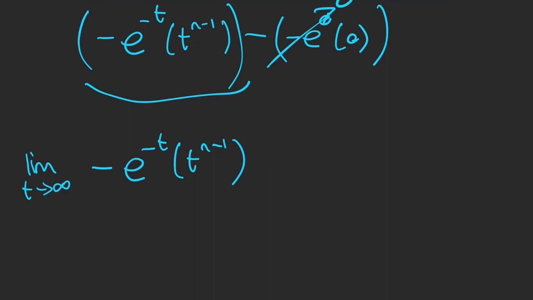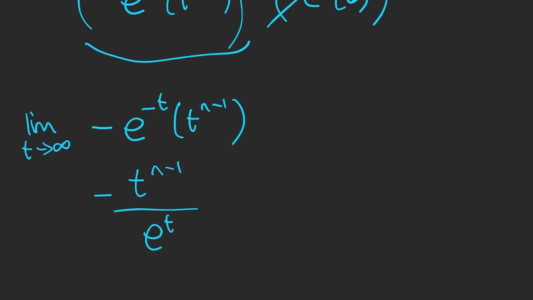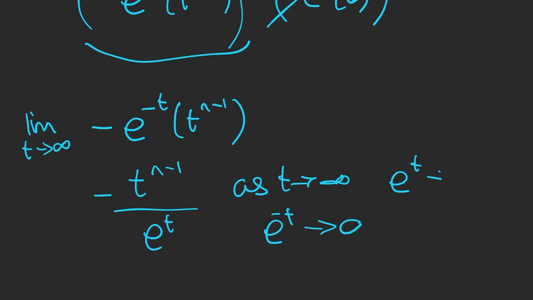So as t approaches infinity, what's going to happen to this? Well, let's write this as negative t to the n minus 1 over e to the t. And as you hopefully know, as t approaches infinity, e to the negative t is going to approach 0 because e to the t approaches infinity.